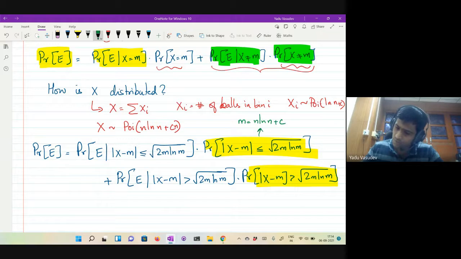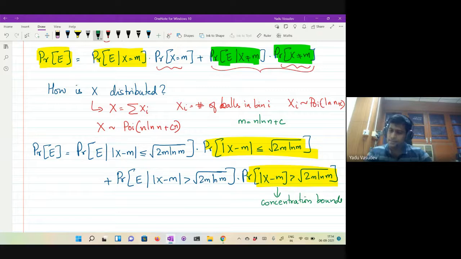So these two are basically concentration bounds, right? M is the number of balls that you want to throw. You want to say that you need to throw only so many balls. So the expected number of balls that you will throw is n ln n plus Cn, and you know that X is a Poisson random variable.